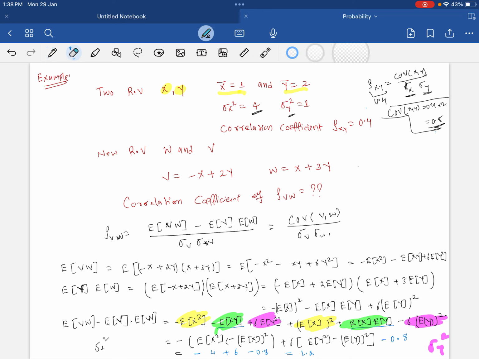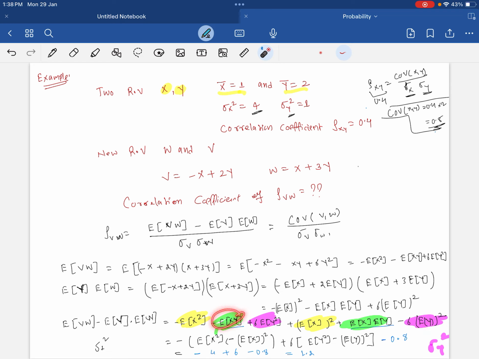The green one is nothing but the expected value of xy minus the expected value of x times the expected value of y, right? And from where are we going to get this value? This yellow one is already given in the form of sigma x square, and this pink one is already given in the form of sigma y square.